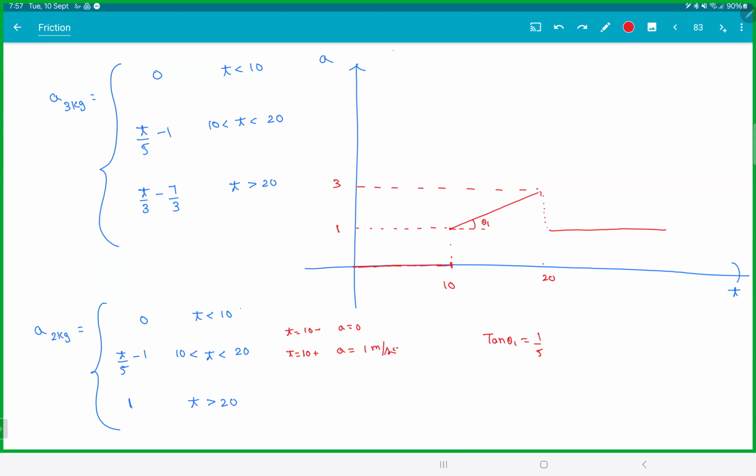When the block started slipping, again, you got a discontinuous graph. Any doubts on this, please ask. You should definitely try all these things we did today again, these graphs and everything.